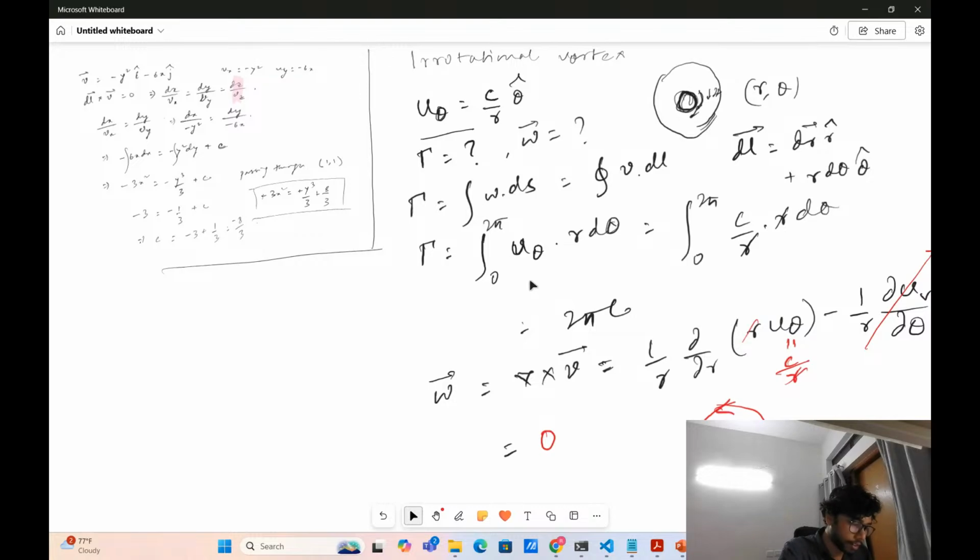For any closed loop around the center, this circulation is constant, no matter what the distance of the loop is. So at R1, whatever circulation you have, at R2 you also have the same circulation gamma, because the circulation is constant and not a function of r. It doesn't change with r. So this is a case where even if vorticity is 0, circulation is non-zero.